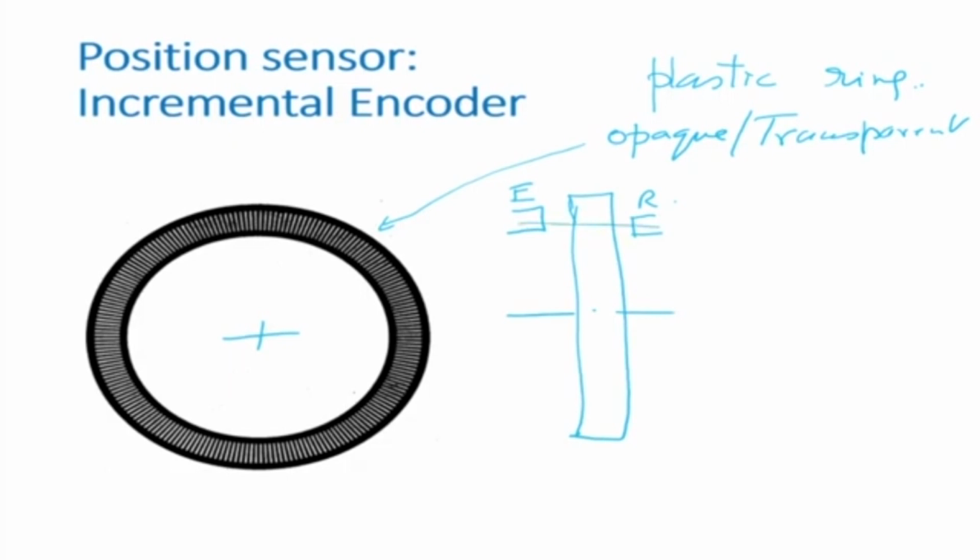So when the opaque part comes, there is no light going through, so the receiver will not generate any voltage. The receiver is essentially something like a photocell. When light falls on it, it produces a voltage. So when there is light, there is voltage. When there is no light, there is no voltage. So it is essentially 0 and 1.